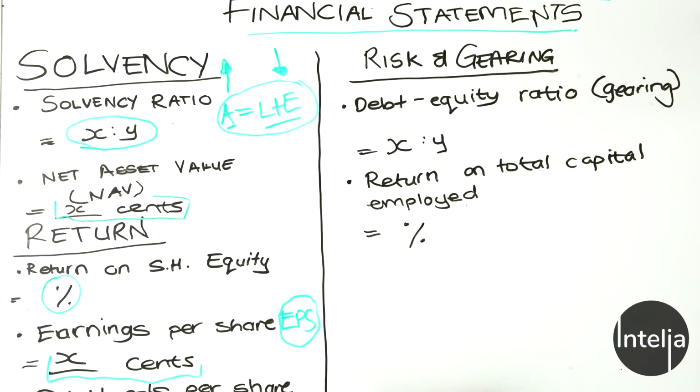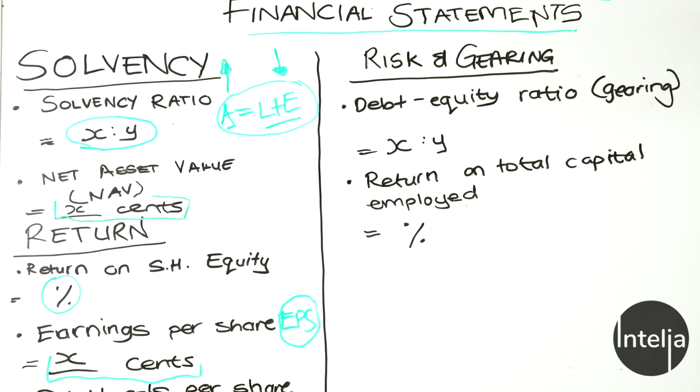Is it giving what it's supposed to give? Then dividends per share, right? Earnings are distributed to shareholders as dividends, but some earnings are retained to ensure future growth. So this measures the dividends that they get and if they are worth what they put in. This is also measured in cents, right?